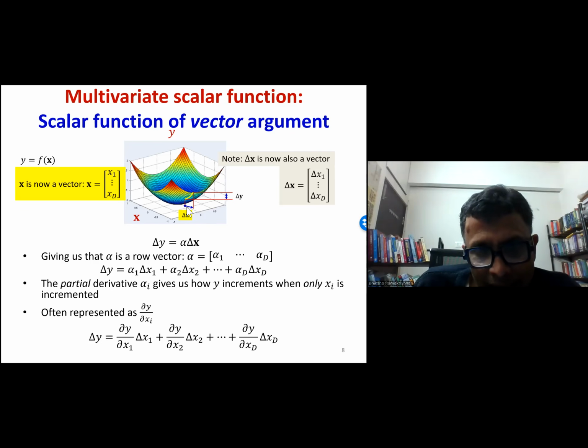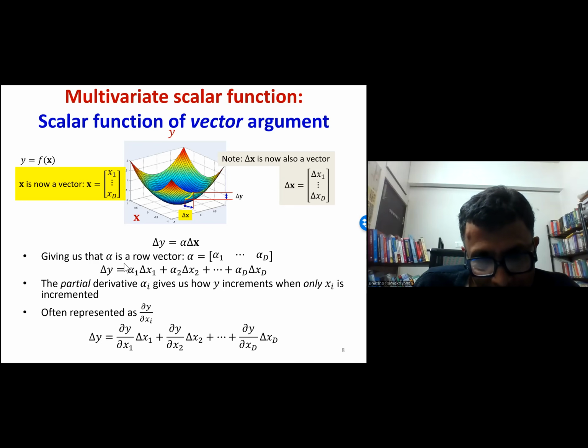Now, because x is a vector, the increment in x can be in any direction, right? So if I modify x such that I increment only the first component and keep all the other components the same, then all the remaining delta x's are 0 and only delta x1 is non-zero. In that case, you're going to get delta y equals alpha 1 times delta x1.